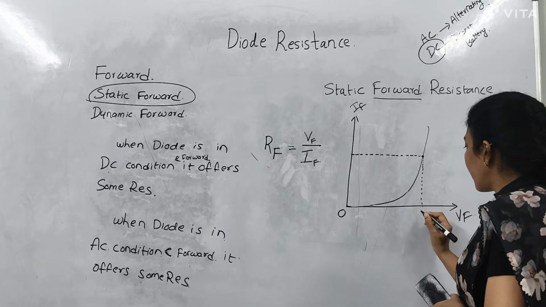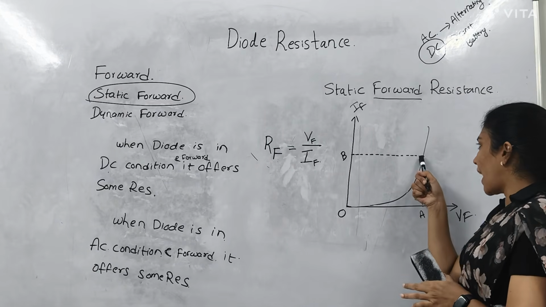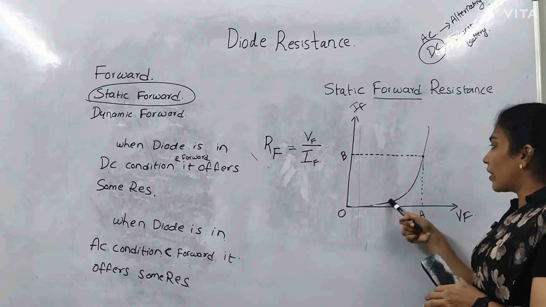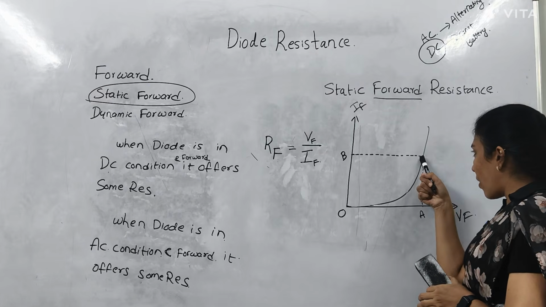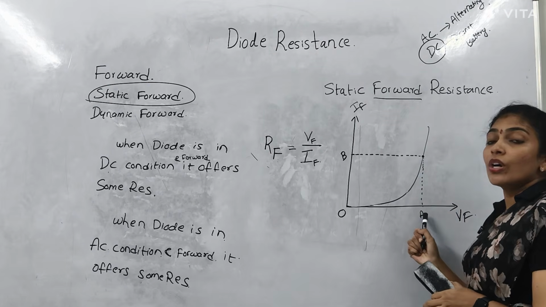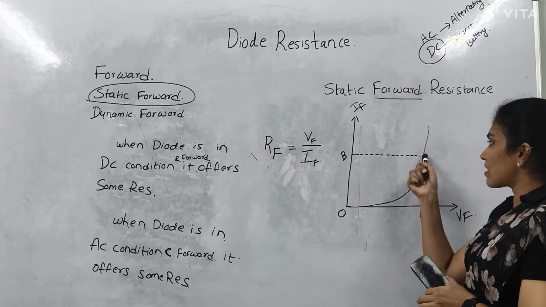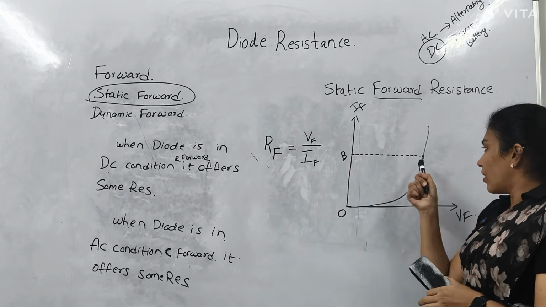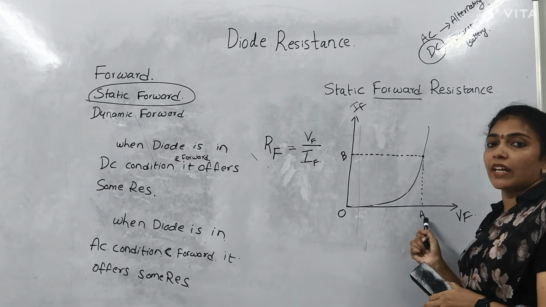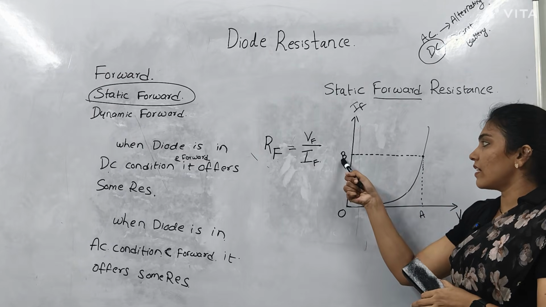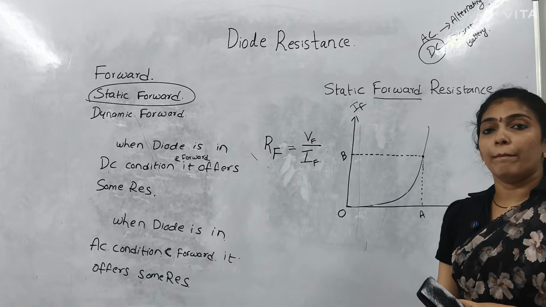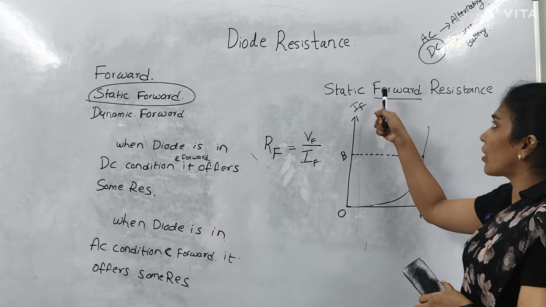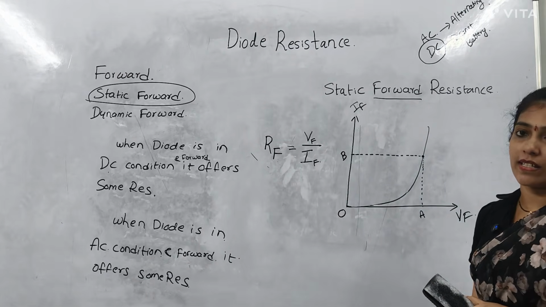This is the origin. On the x-axis the point is A, and on the y-axis it is indicated as B. From the graph we need to calculate the static forward resistance.